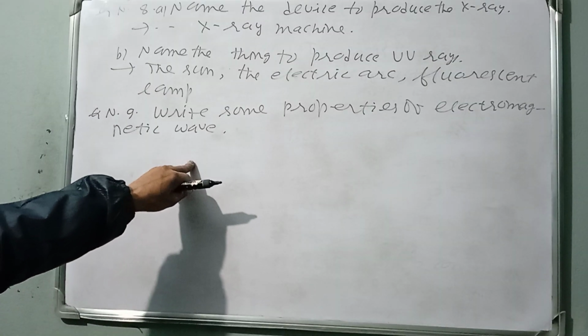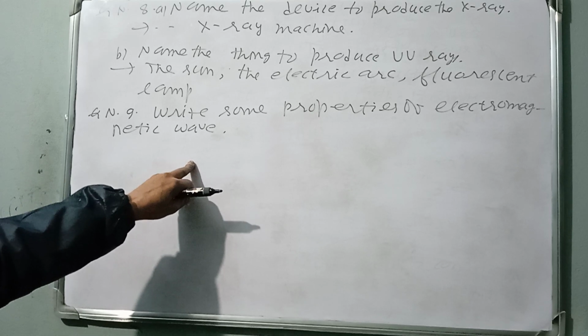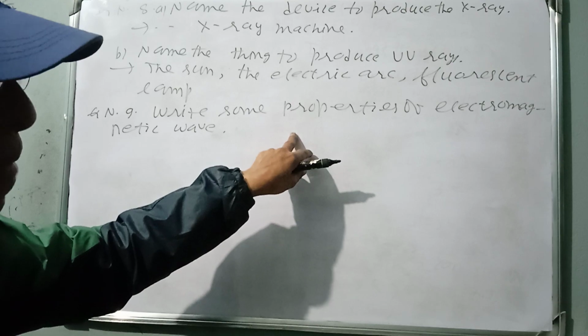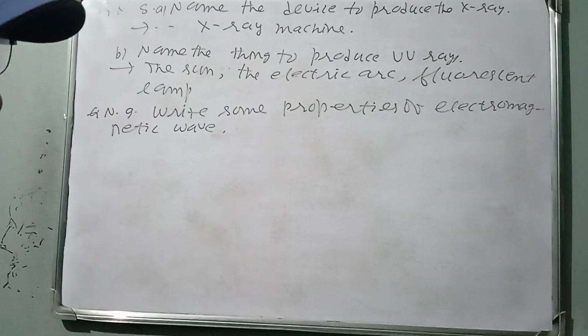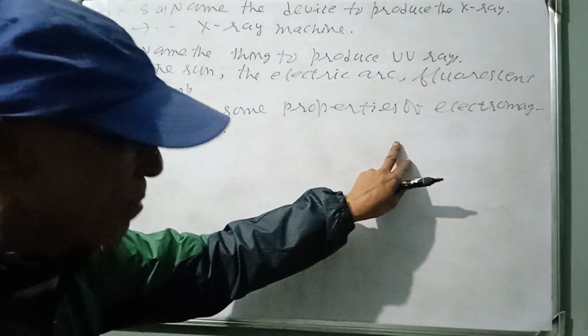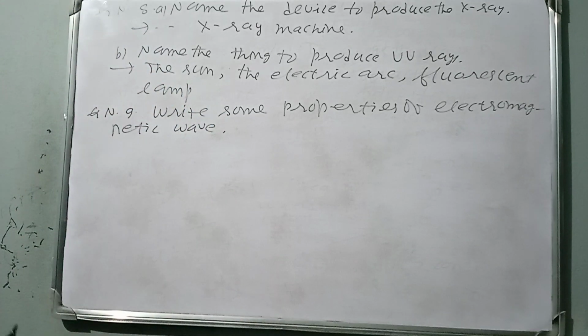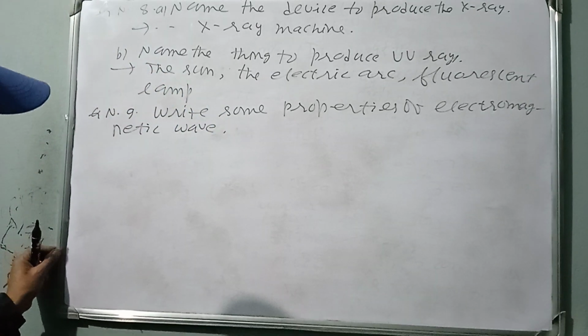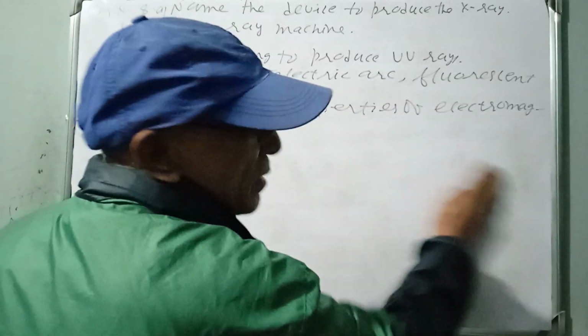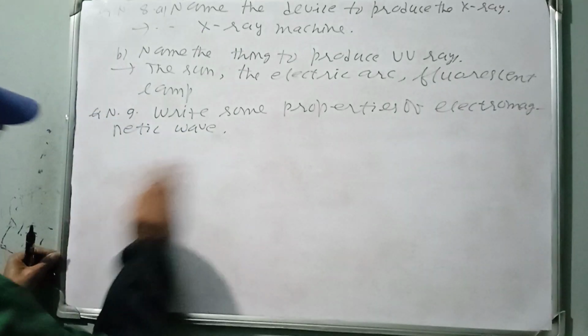They travel even through vacuum at the speed of 3 into 10 to the power 8 meters per second. They increase the temperature of the particles through which they are traveling. Another, they obey the laws of reflection, refraction, diffraction, etc. And they can be produced and they can be converted. That is also one.